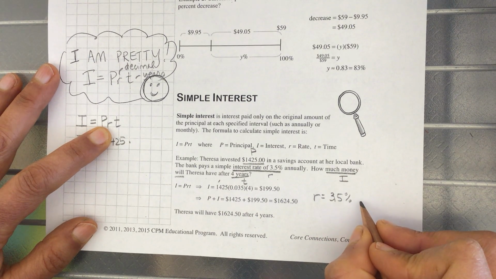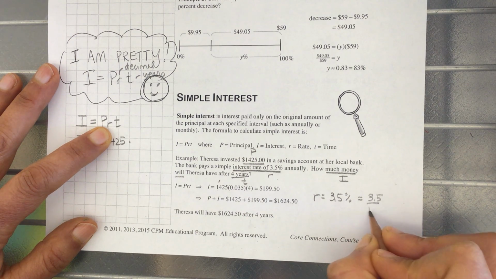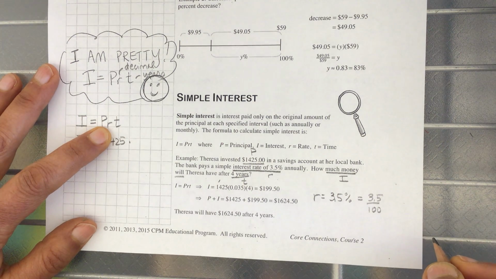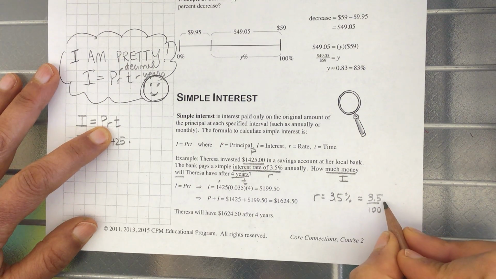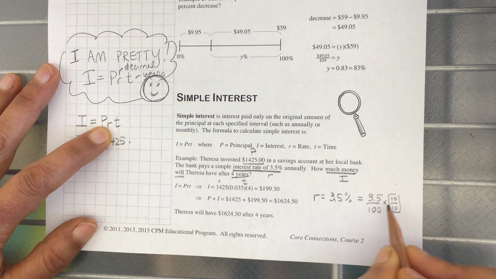How you could change this is you could write this as 3.5 over 100. But you're like, well, that's a fraction. That's not a decimal. If I multiplied it by a giant 1 of 10 over 10, the reason I'm doing this is because I want to get rid of that 0.5.